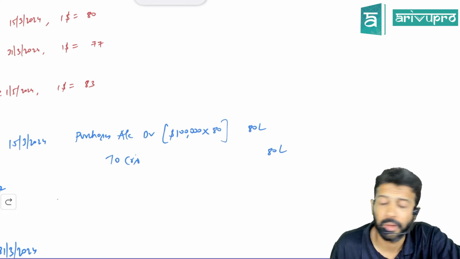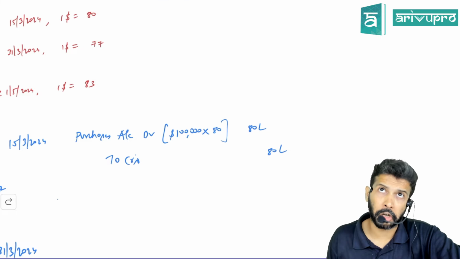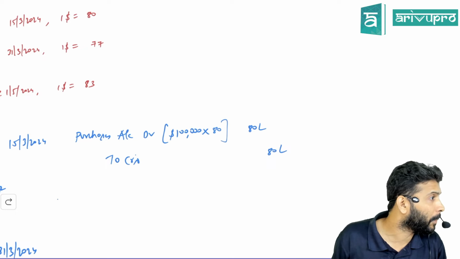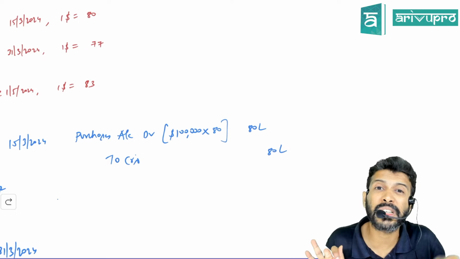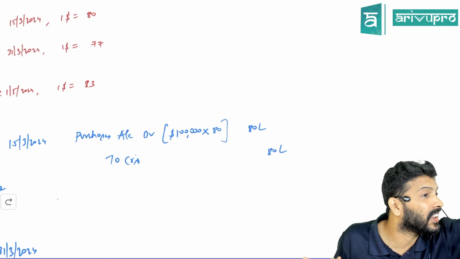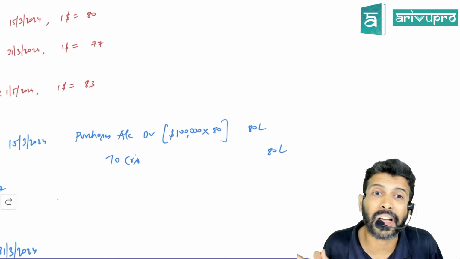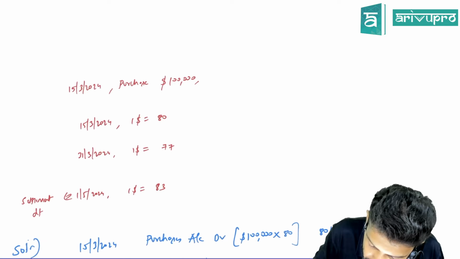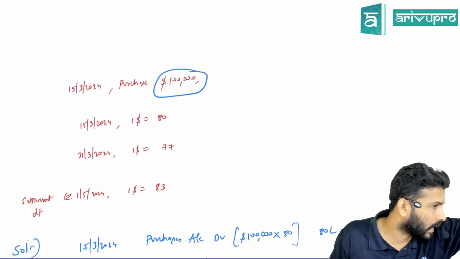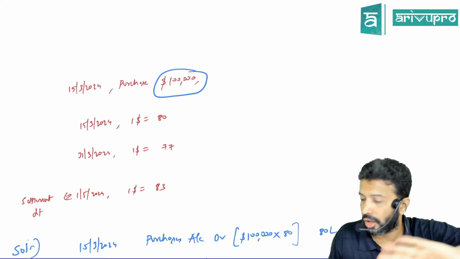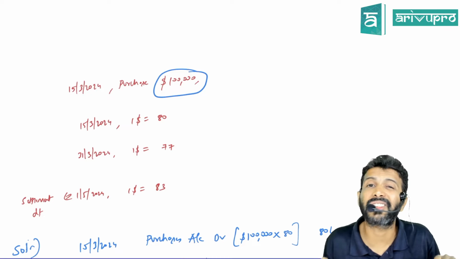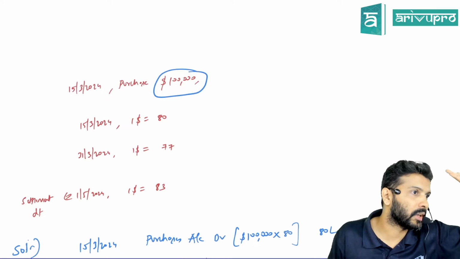Monetary item means the value is fixed, and it could be fixed in any currency, not necessarily INR. Here I purchased goods worth $1 lakh, so I'm going to give $1 lakh. The dollar value is fixed, though the INR value may fluctuate. So creditor is a monetary item.